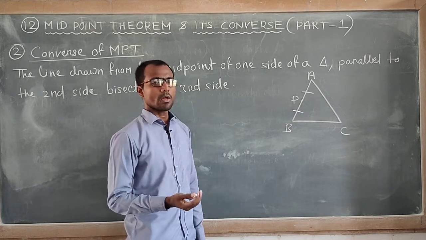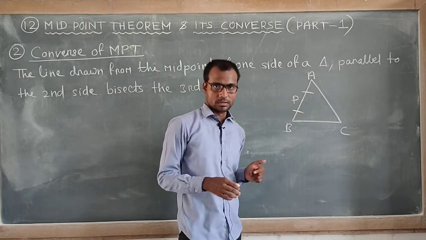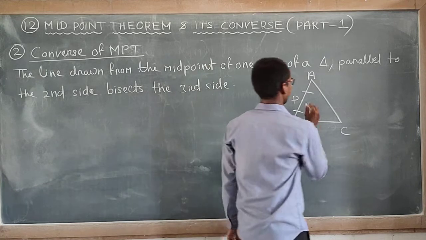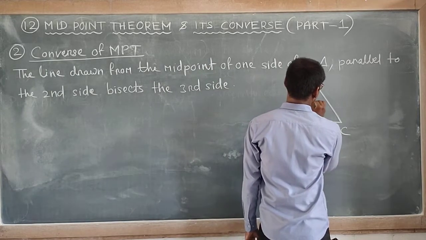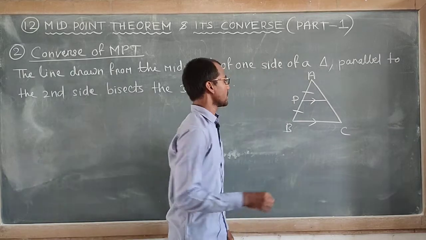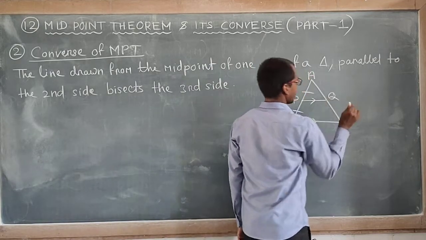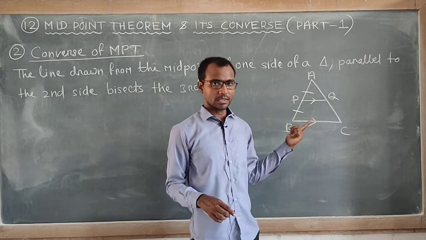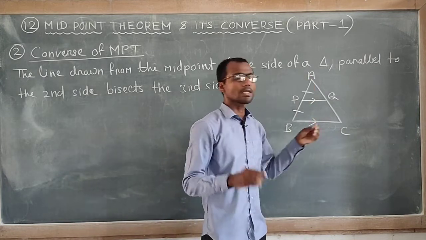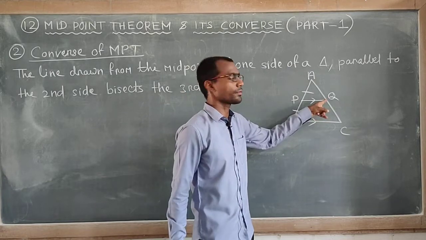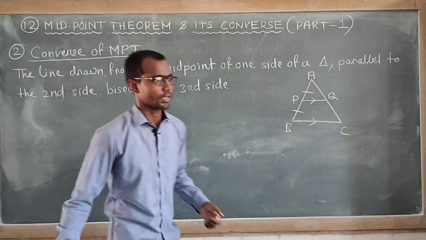What we will do, we will start a line from P parallel to the side BC. Okay, like this. Let this point be Q. The point where this parallel line to BC from P intersects AC is Q, suppose. We are going to prove that this point Q is the midpoint of AC. Okay, so let us start.